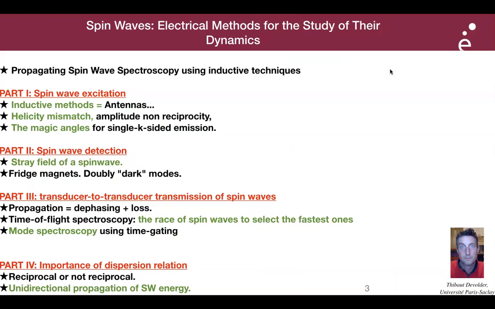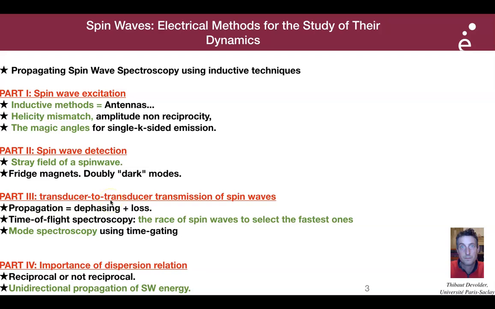So this is the outline of my talk. I will first revisit a problem that is apparently simple, which is how a given RF antenna excites spin waves. Then I will go to the reverse problem and study how the same antenna can detect the stray field and the inductive signal coming from the spin waves.